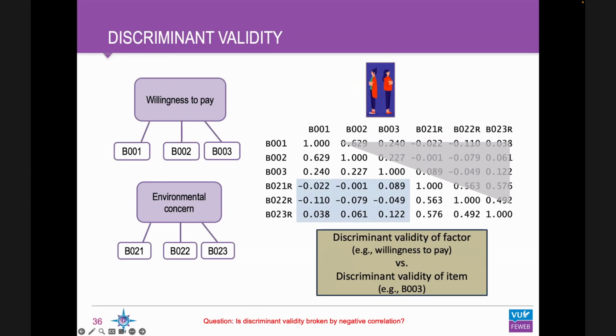I have one question here. Is the discriminant validity broken by negative correlation? What do you think? Maybe we can quickly go over that. I'm also keeping track of time, so let me answer it.